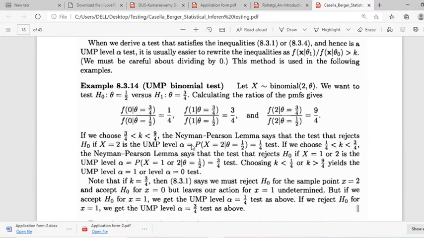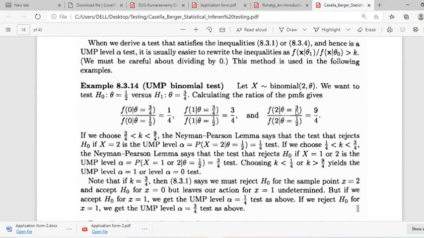After identification of this rejection region, we can compute the probability of type 1 error, probability of type 2 error, and its power. So what is the probability of type 1 error? That is alpha, rejecting h naught when h naught is true. Rejecting h naught means x equal to 2. If we select k in this region, we reject only when x equal to 2.